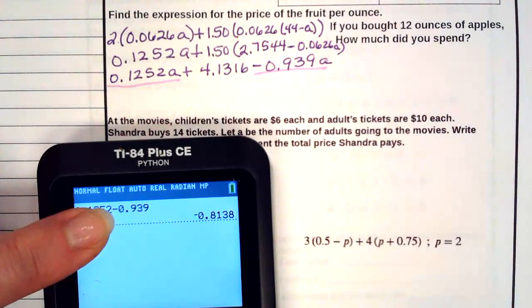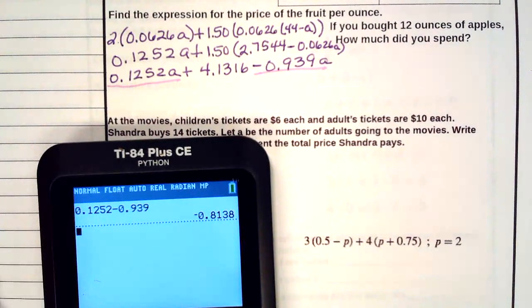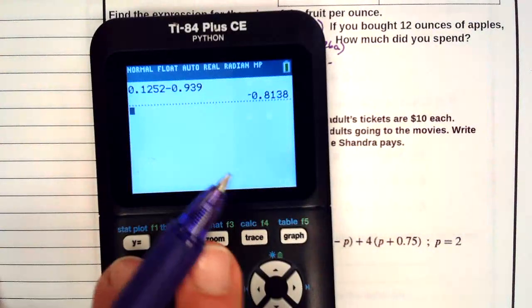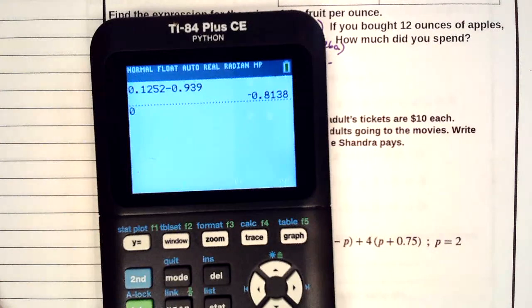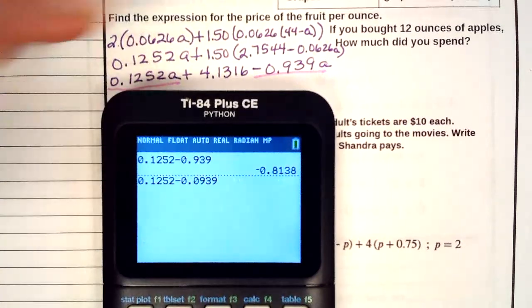Oh, I didn't get my extra zero in there. I knew that wasn't right because it should be positive. 0.1252 minus 0.0939.